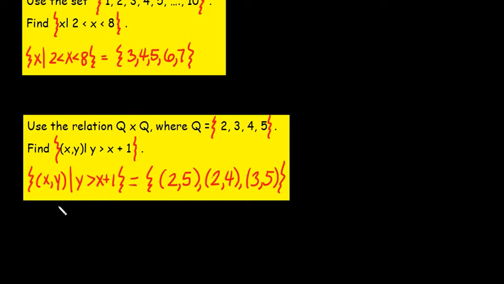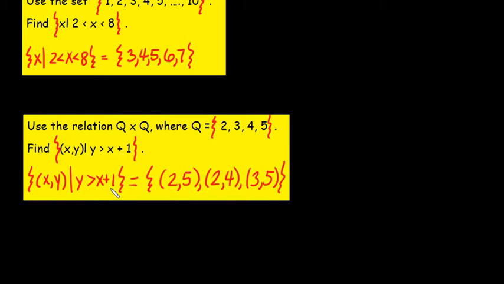And if you listed all of the ordered pairs that you would have, like 2, 2, 2, 3, 2, 4, 2, 5, then 3, 2, 3, 3, 3, 4, 3, 5, and so forth and so on. The ones that would match this are where y, the range, has to be bigger than the domain x plus 1.